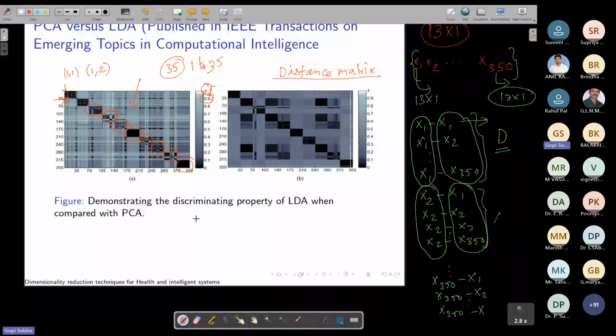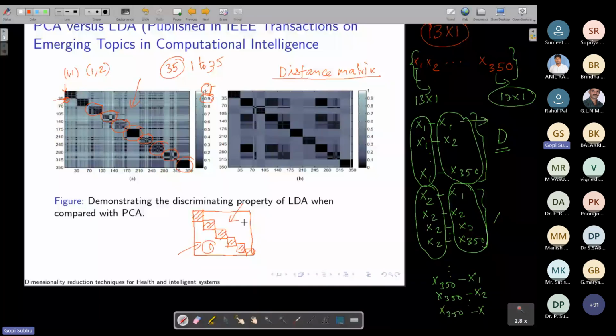If you want the accuracy to be very high, the data needs to be projected in such a way that we get a proper block diagonal matrix, meaning the diagonal values are all going to be 0, and the other values are going to be higher, maximum 1. So that is what it shows, normalized 1, so you are getting this maximum region.